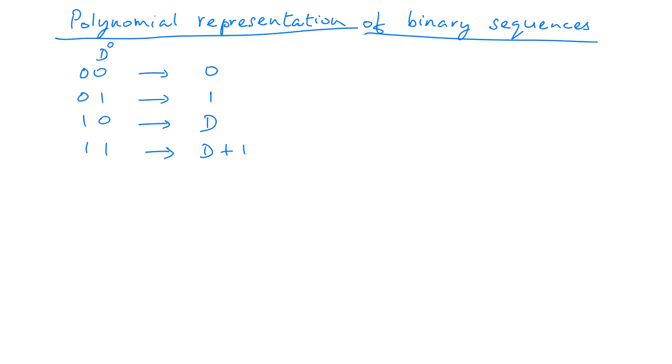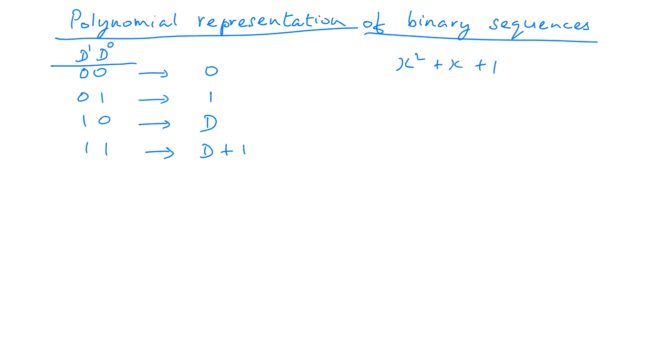Then the one to the left of it is d power 1. And then you go to the left of it, if you have more, d power 2, d power 3, and so on, right? So it is like how you write, for example, x squared plus x plus 1, right? The constant factor is x power 0, x power 1, x power 2, right? Similarly, instead of x, for the coding technique, we are going to use the variable d here, okay?